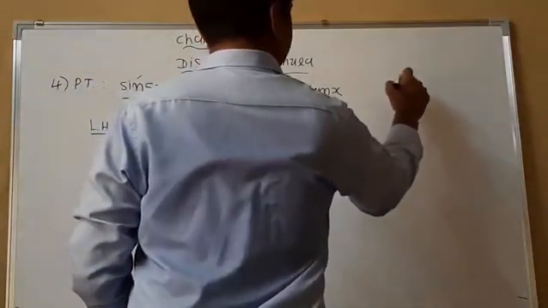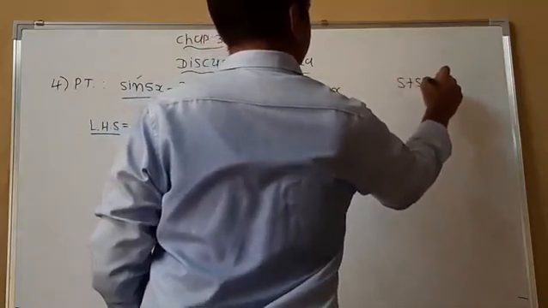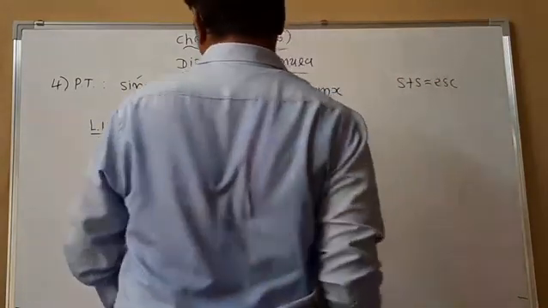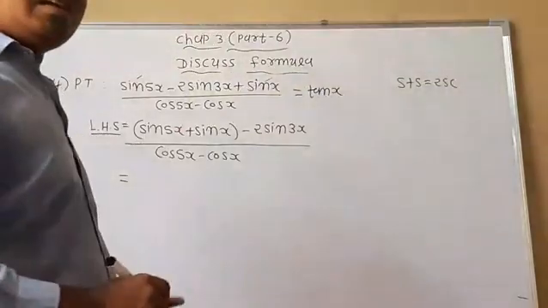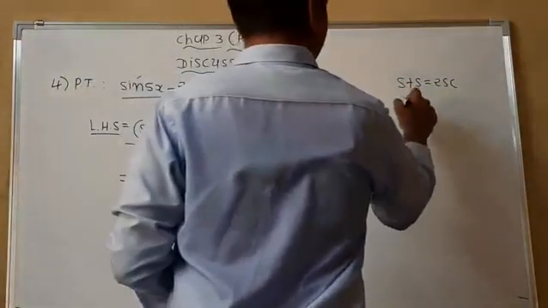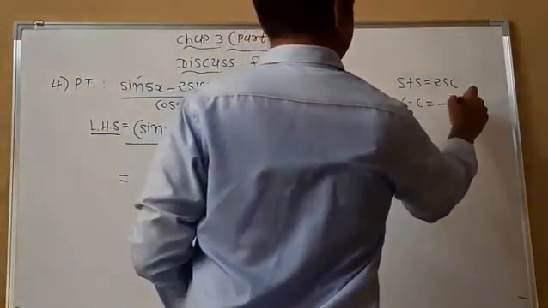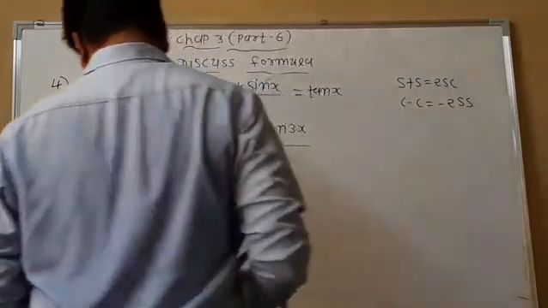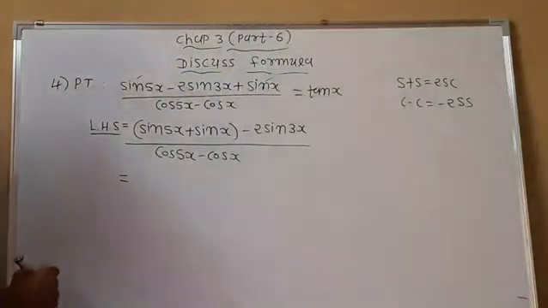So here apply the identity: sin C plus sin D means 2 sin((C+D)/2) cos((C−D)/2), and cos C minus cos D means minus 2 sin((C+D)/2) sin((C−D)/2).